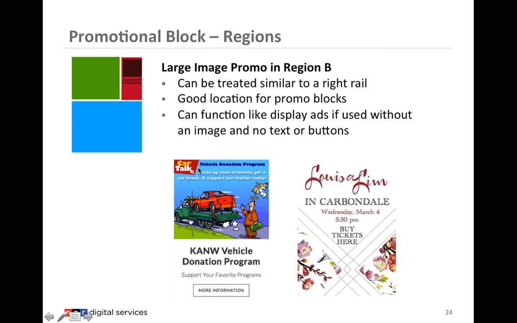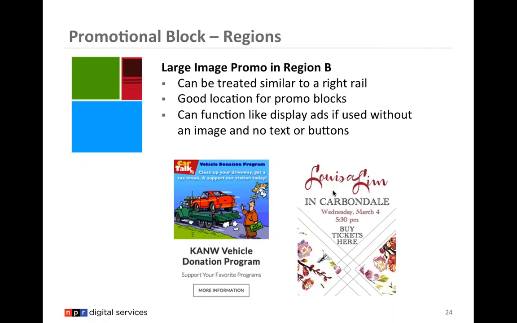In region B, a large image promo block can be really effective, especially if you're not yet set up with double-click for publishers. So if you're still getting set up with your underwriting, but you do want to have some sort of promotion on your homepage in the meantime, you'll notice that a large image promo block in region B looks very similar to an underwriting spot.